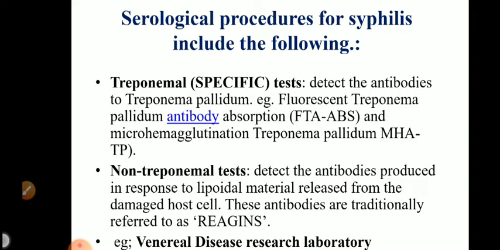For example, fluorescent treponemal antibody absorption, FTA-ABS in short, then the microhemagglutination test, MHA-TP, or TPHA, Treponema pallidum hemagglutination test. All these are specific tests. They are used to confirm the disease.